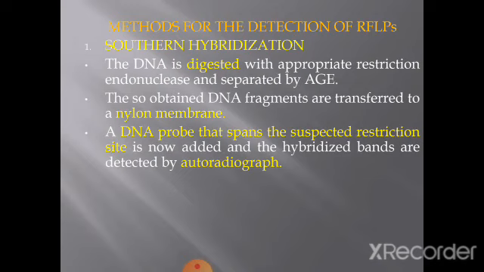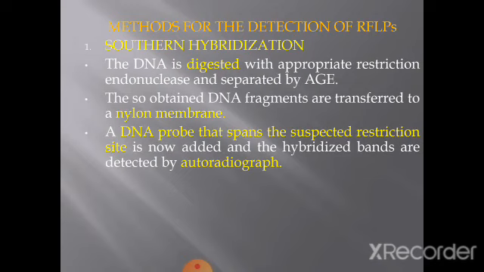You will get so many DNA fragments that you will transfer to a nylon membrane. And then you will add a probe that spans the suspected restriction site. And hybridization takes place. And these hybridization bands, normally in Southern blots, are detected by another technique called autoradiograph.